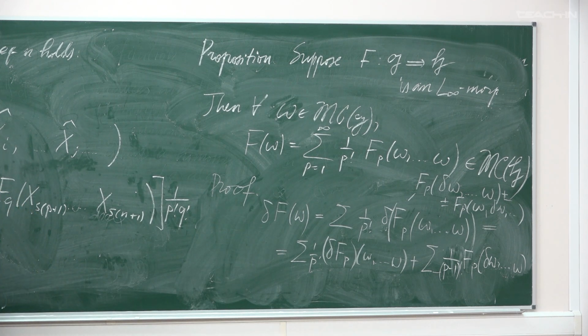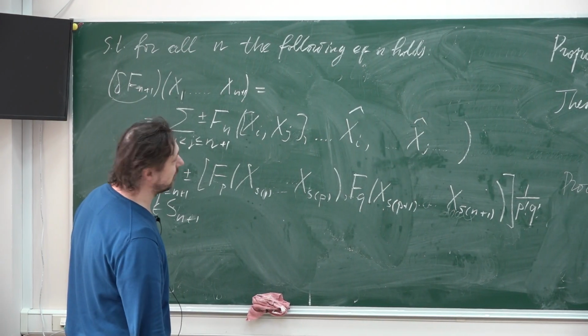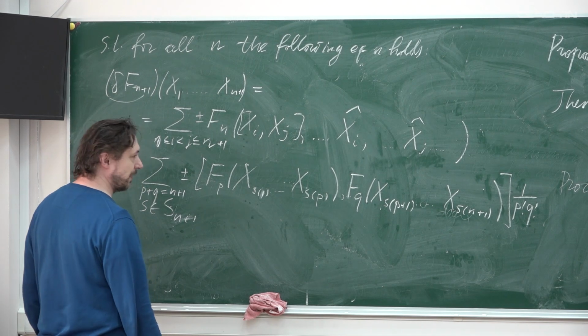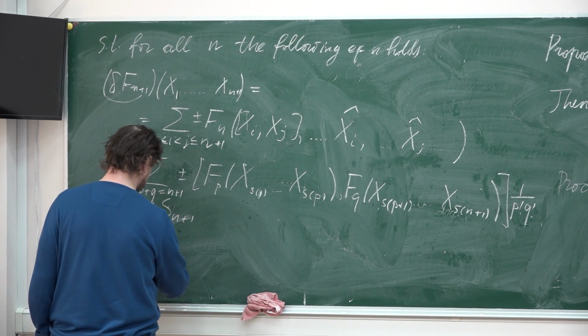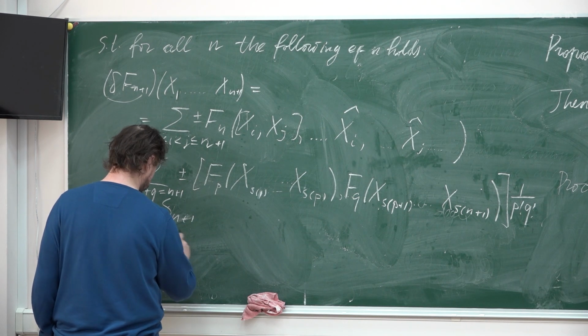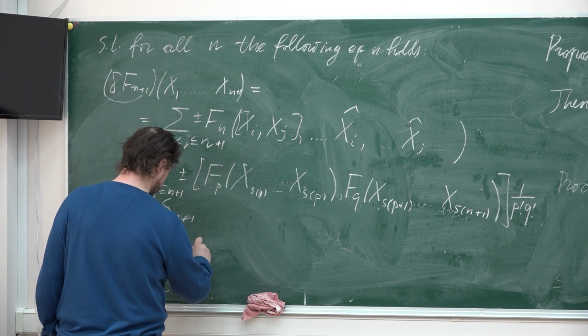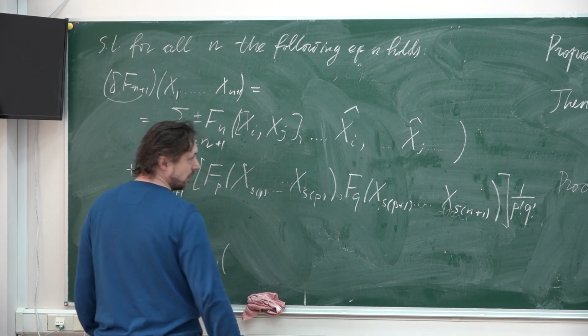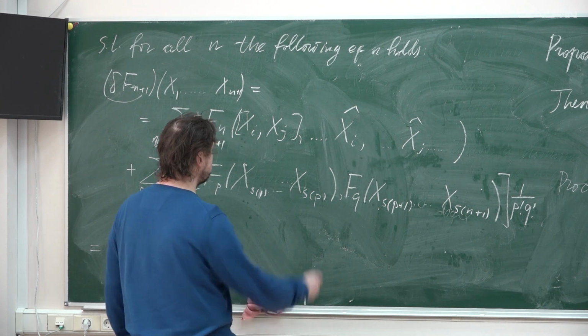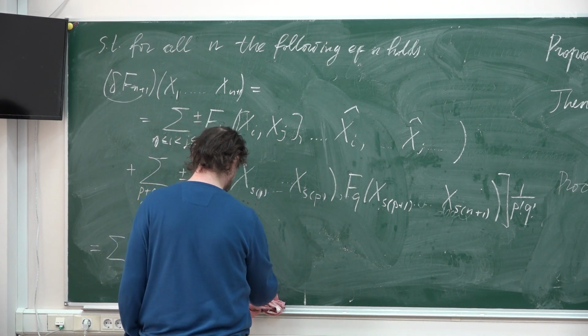Let me continue here. First, I'm using this formula, this equation. Delta fp applied to omega comma omega is equal to fp minus 1 applied to the bracket of omega comma omega.